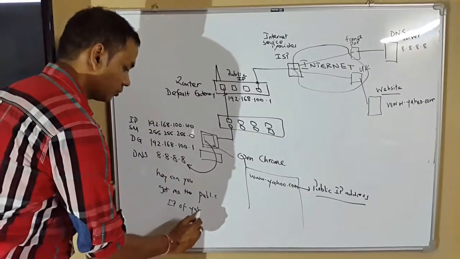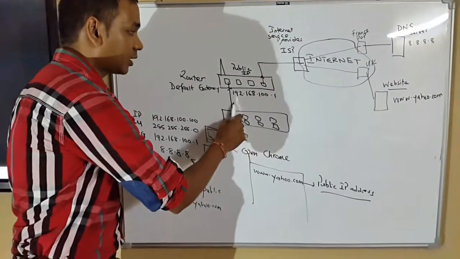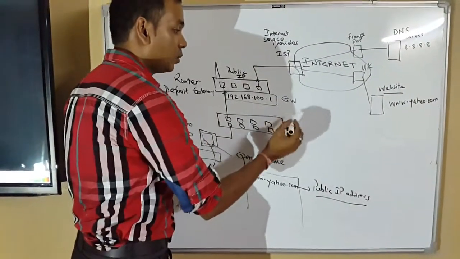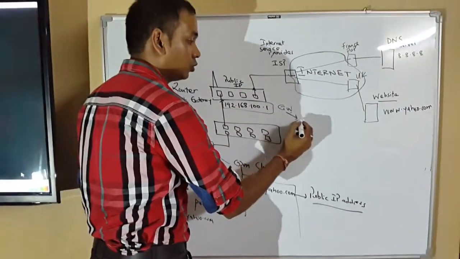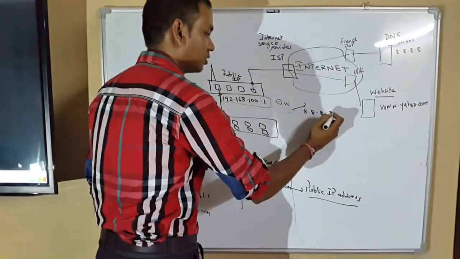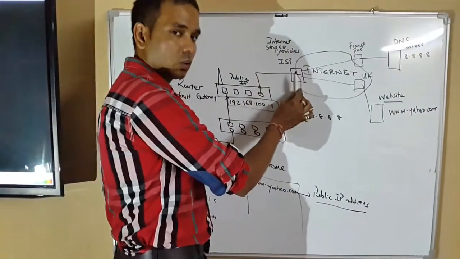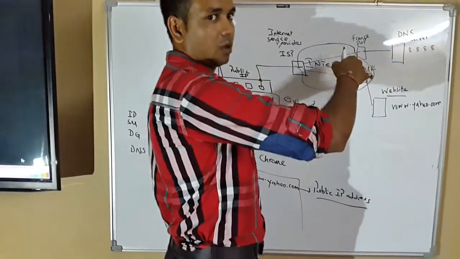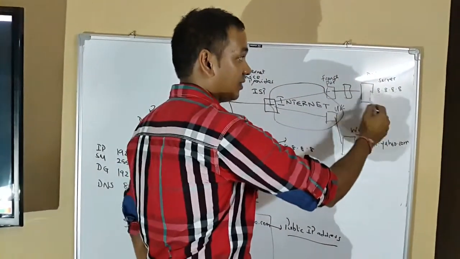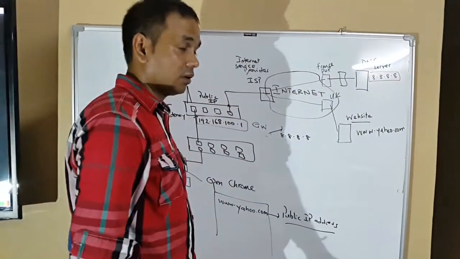of yahoo.com? So basically your PC will contact your gateway and will ask your gateway to route you to 8.8.8.8. So your PC will contact your gateway. From your gateway will go to your ISP, back to the point of presence to another ISP here, and then it gets to the Google DNS server.